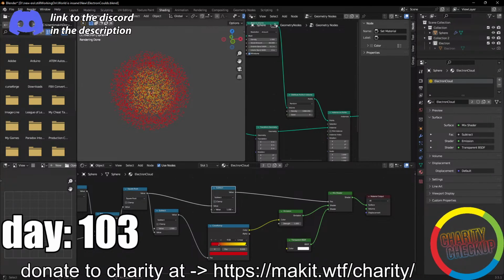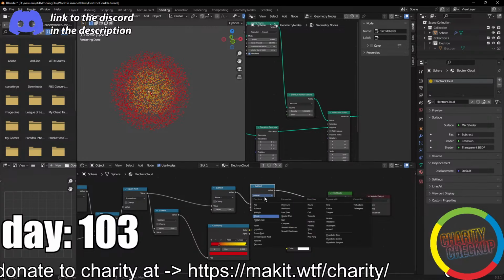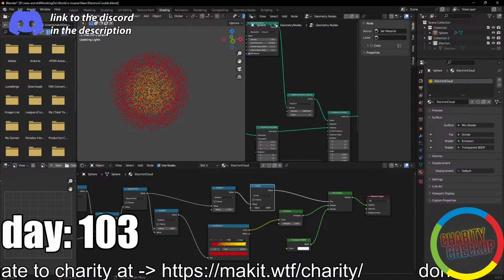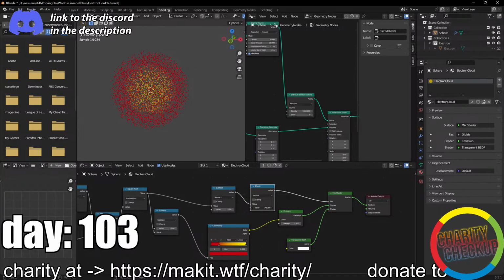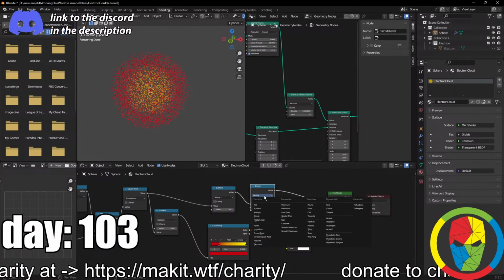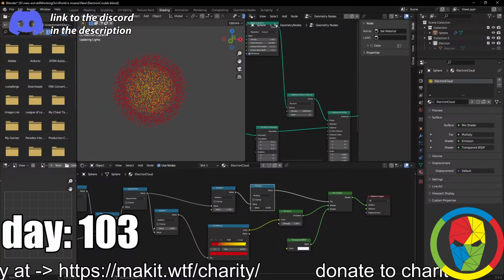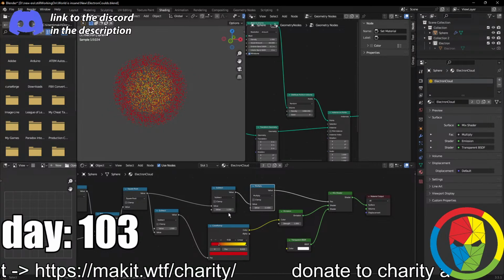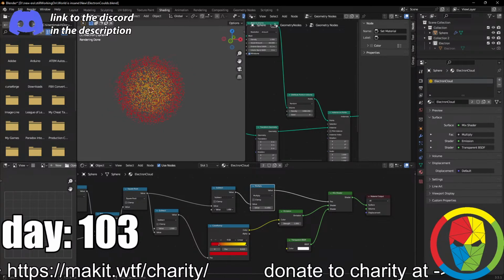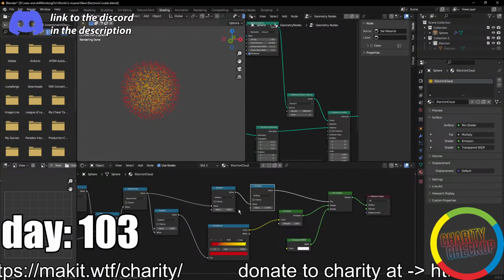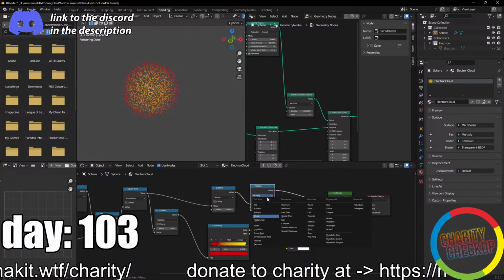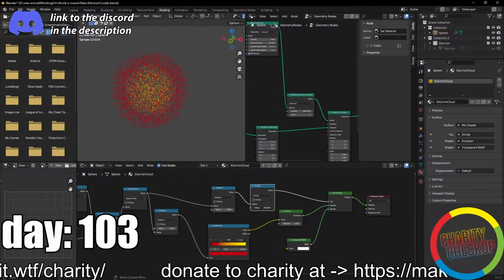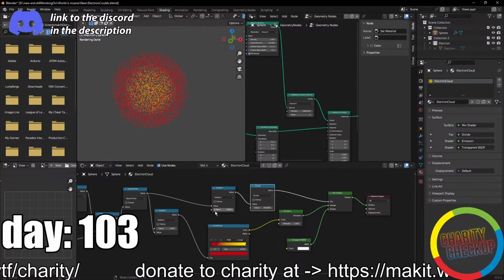Yeah, so we should probably subtract and then divide, because that will average it out more. Multiply, not divide. Oh, and then now it's negative. Now divide. Divide makes it more average.